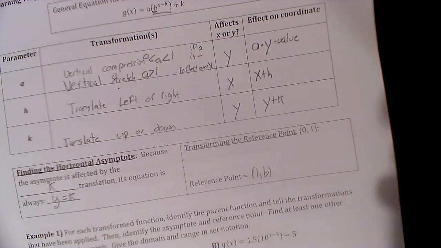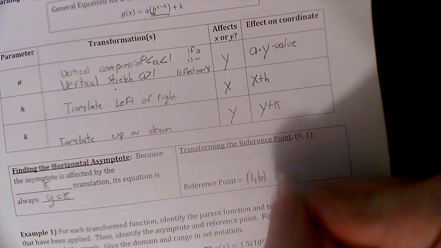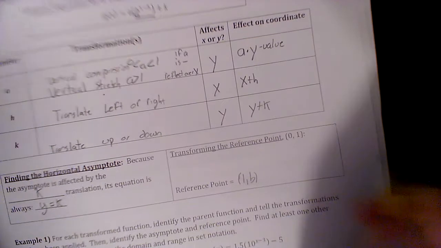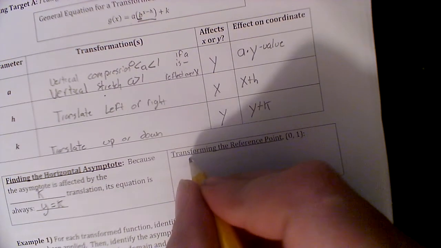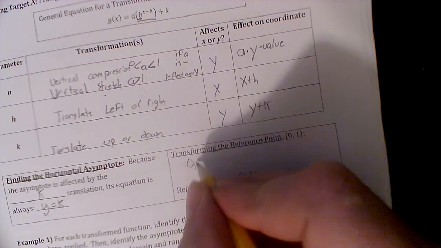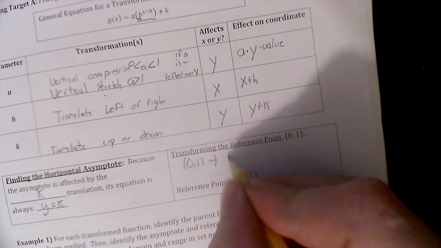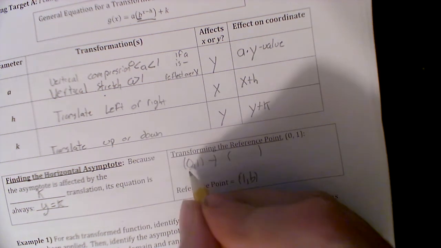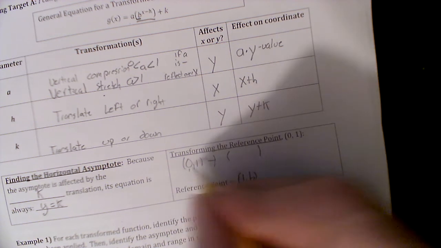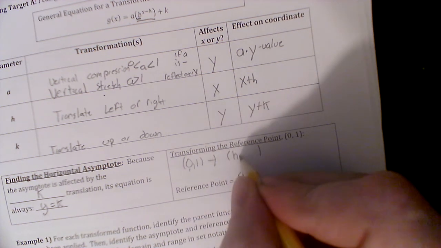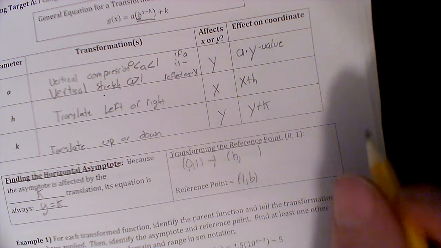And then here's how our reference points change. You ready? There's 2 reference points. One is always 0, 1. But here's how 0, 1 changes. The first value is the X value. And the only thing up here changing the X is the H. So 0 plus H is H. Now we have 2 values.